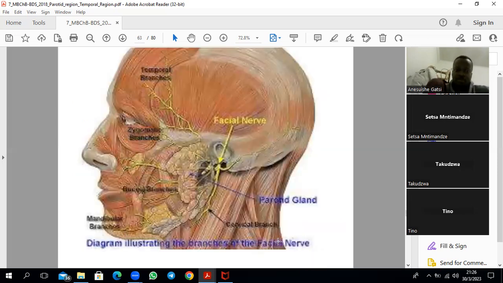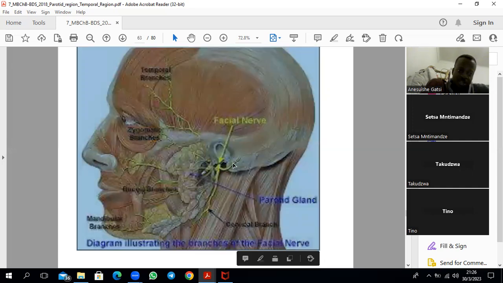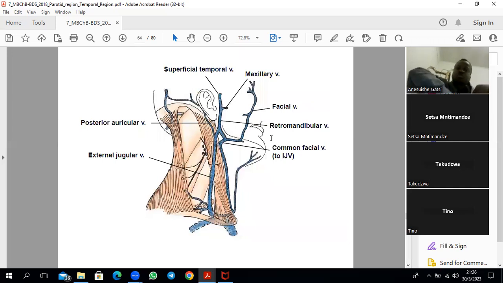Right. This here is your posterior auricular, though not labeled, but it's this one. Now going to the occipital bellies of occipitofrontalis. Then I said retromandibular vein is formed by the superficial temporal vein plus the maxillary vein.